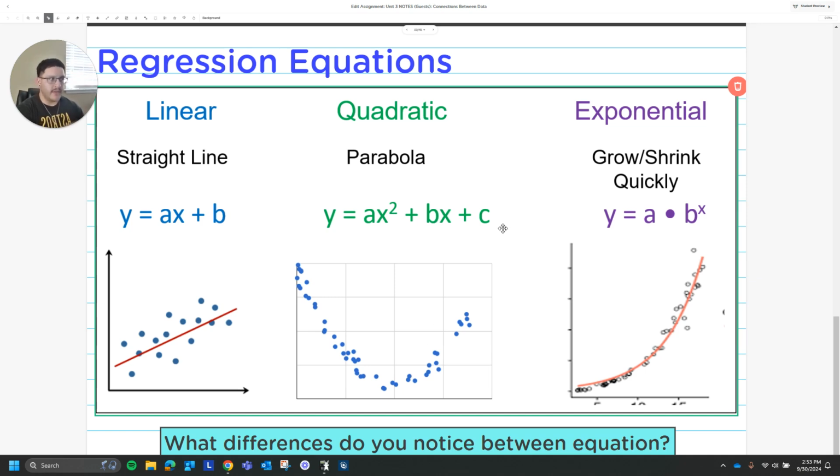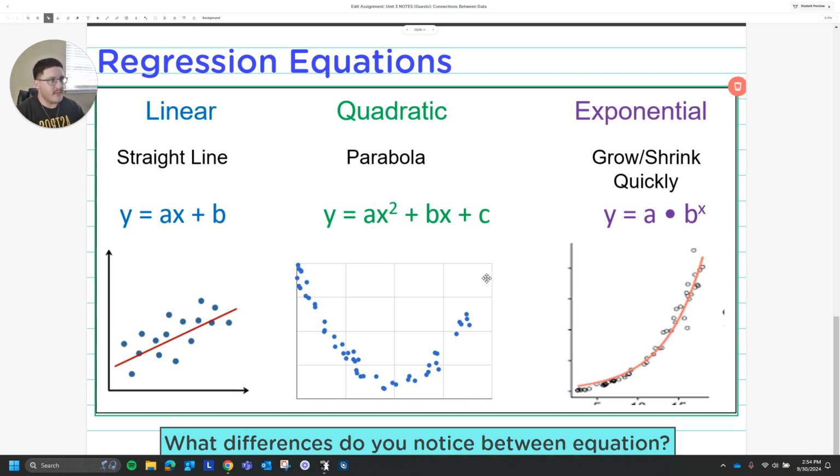Another one that has some curvature to it is an exponential regression line. This one is for something that starts off very nice and easy and then could potentially shoot up very rapidly, or grow or shrink very rapidly.